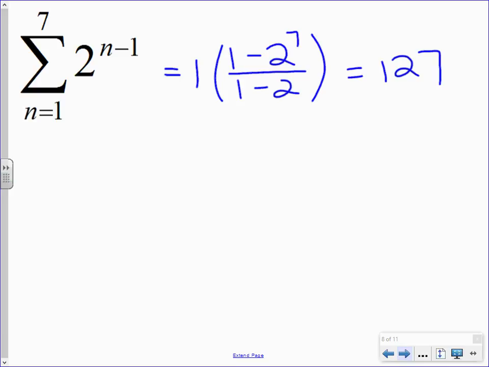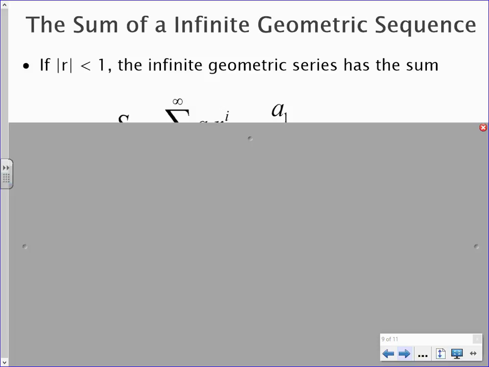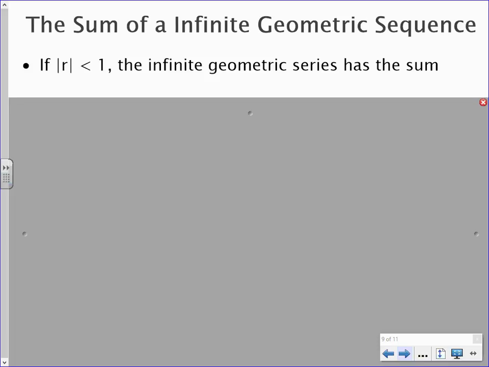Okay. So we can add up an infinite number of terms of a geometric sequence under one condition. The absolute value of r has to be less than 1, like me cutting my distance in half.